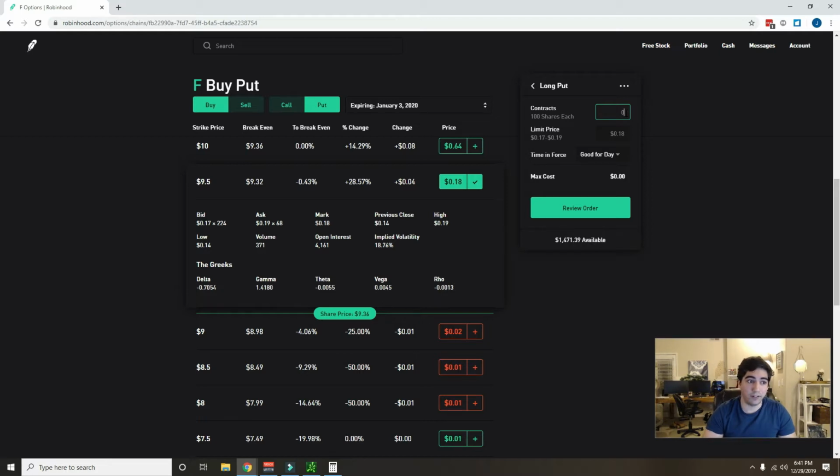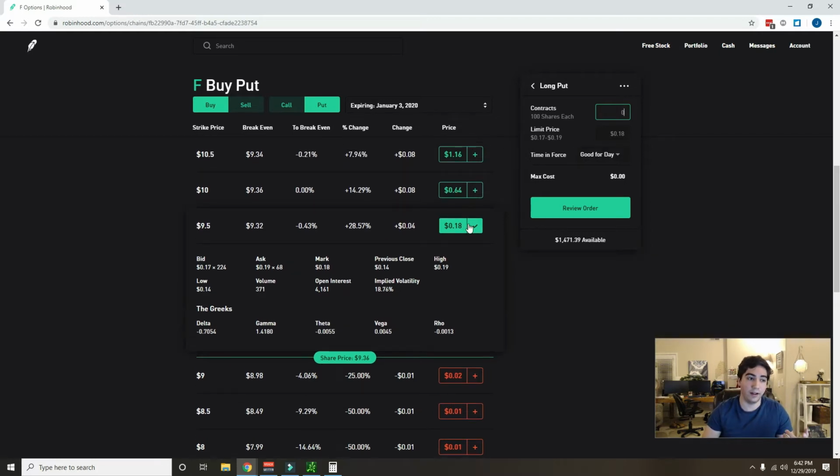no one's going to exercise their contract against you if the share price is above $9.50. If I was selling this contract and the stock goes up to 9.60 or 9.80 by the time this expiration date hits, no one's going to exercise their right to sell the 100 shares for 9.50 when the stock is trading for 9.60, 9.70 or whatever.